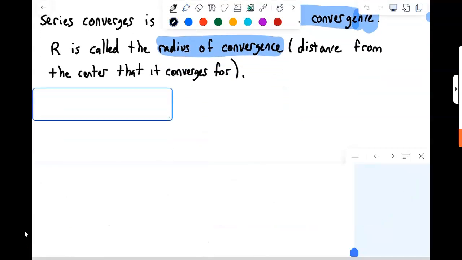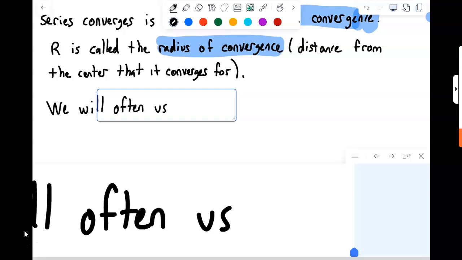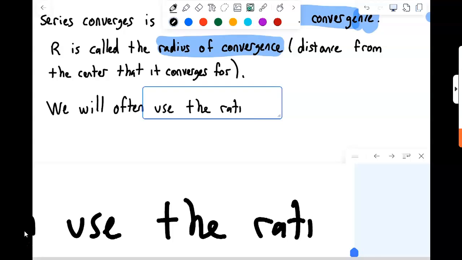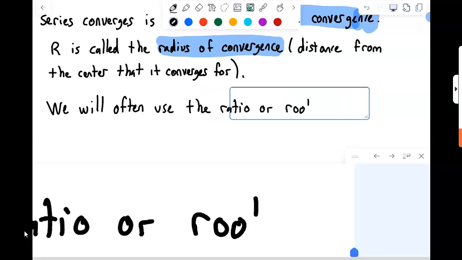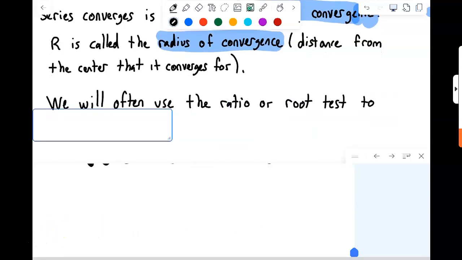When we're dealing with power series and asking about this question of convergence, we will often use the ratio or root test to find the interval of convergence.